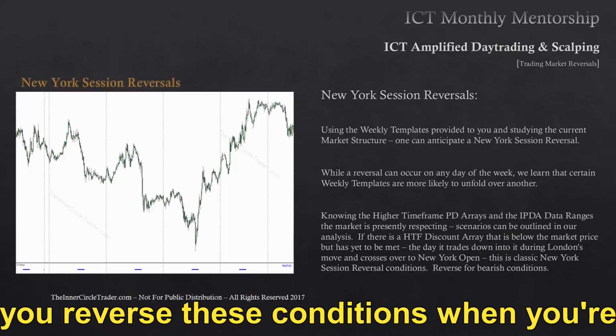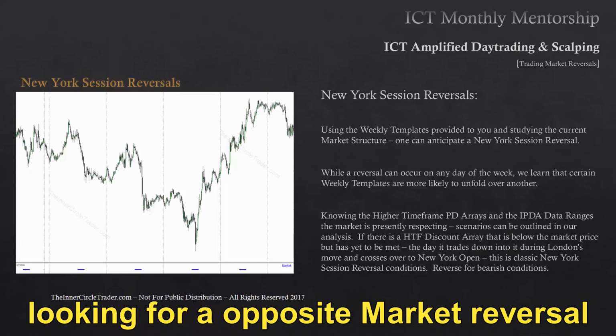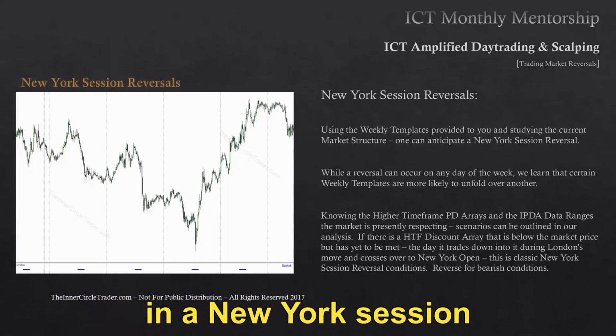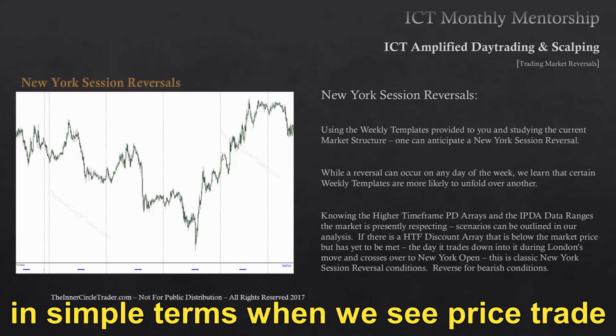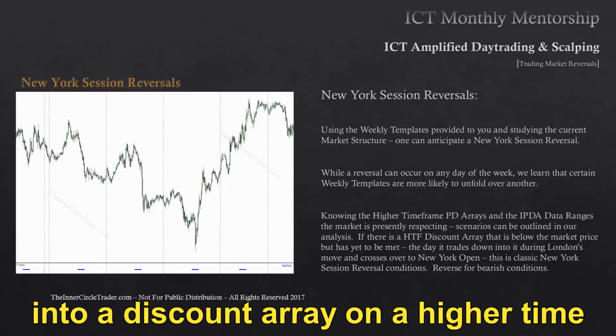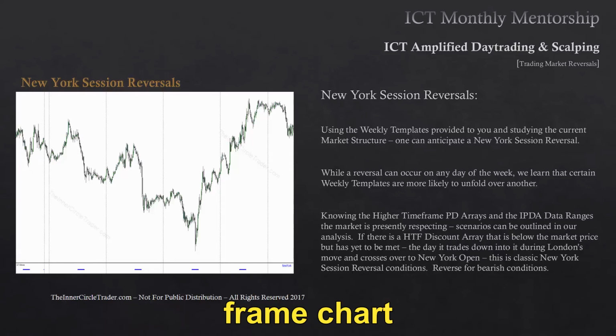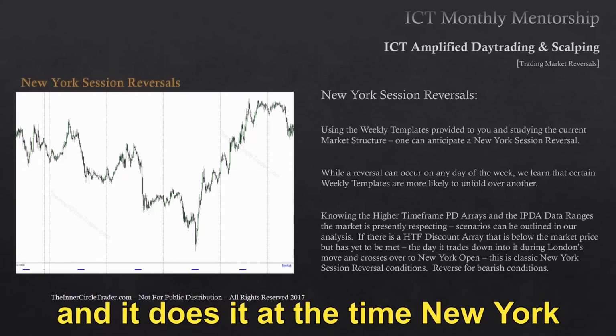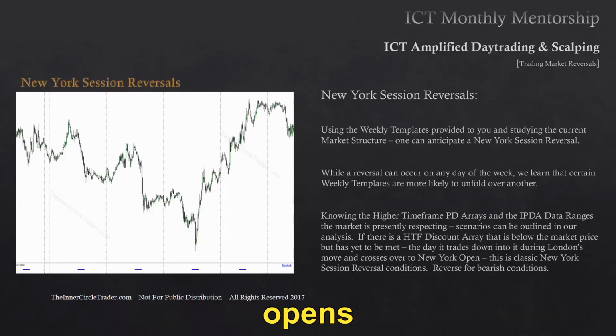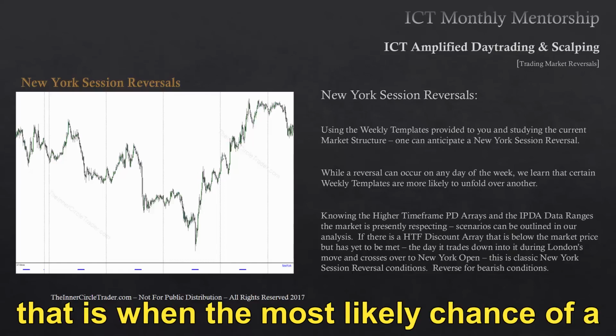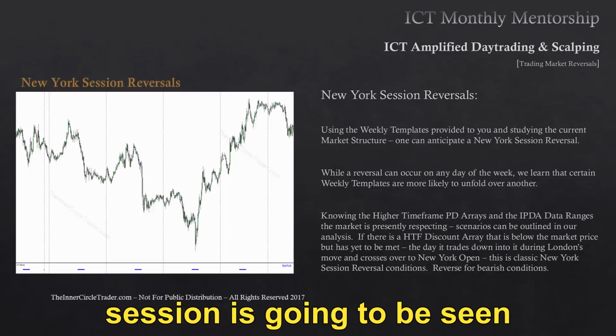Obviously, you reverse these conditions when you're looking for an opposite market reversal in a New York session. In simple terms, when we see price trade down into a discount array on a higher time frame chart, and it does it at the time New York opens, that is when the most likely chance of a market reversal occurring in New York session is going to be seen.